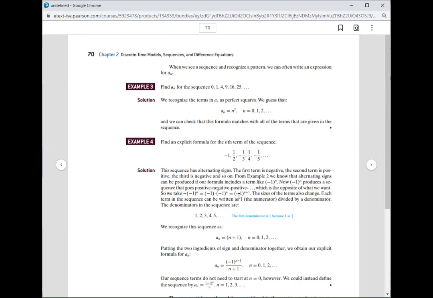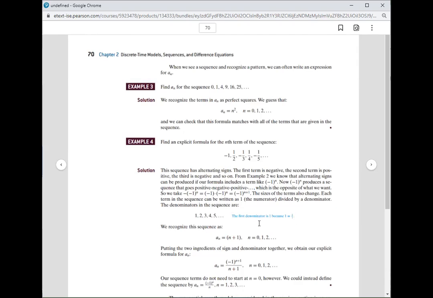So for example 2, you can see it alternates between negative and positive, right? And you can see the denominator sequence is 1, 2, 3, 4, 5.